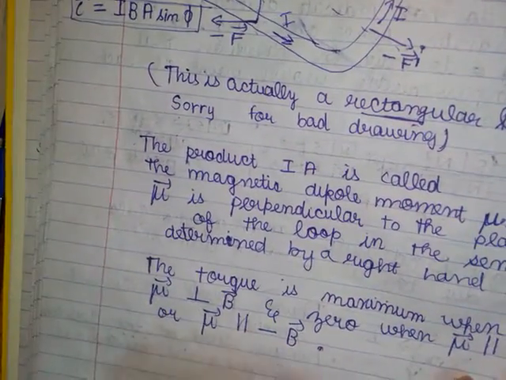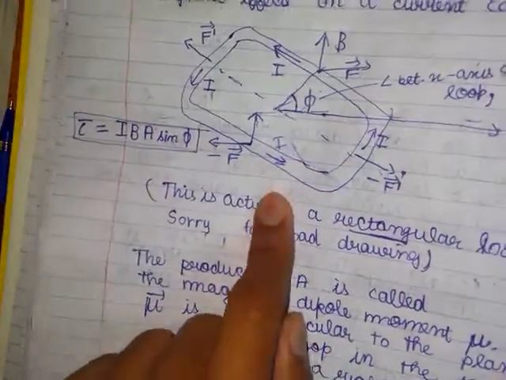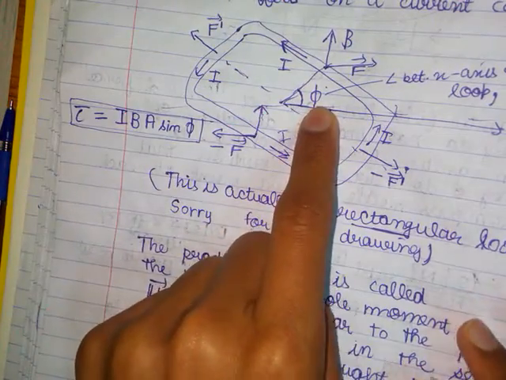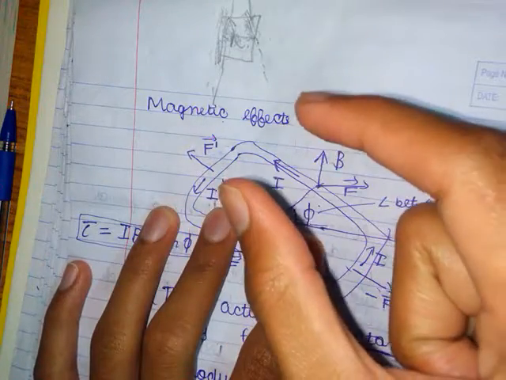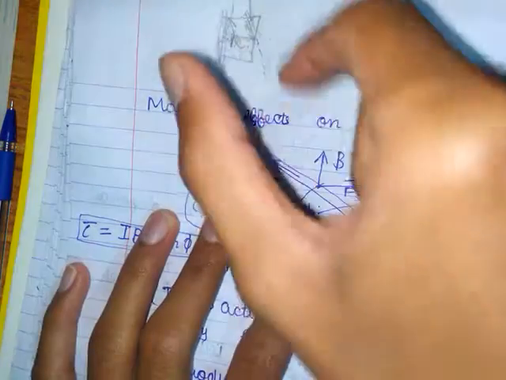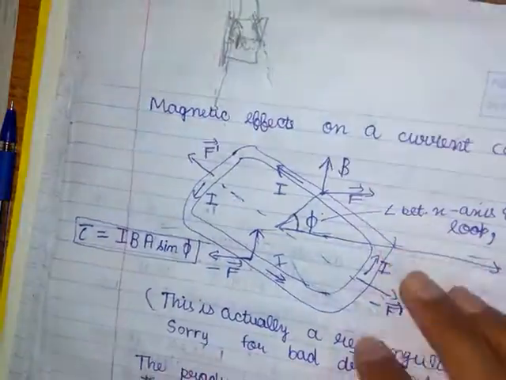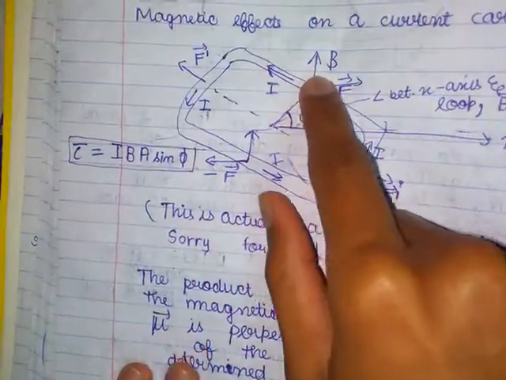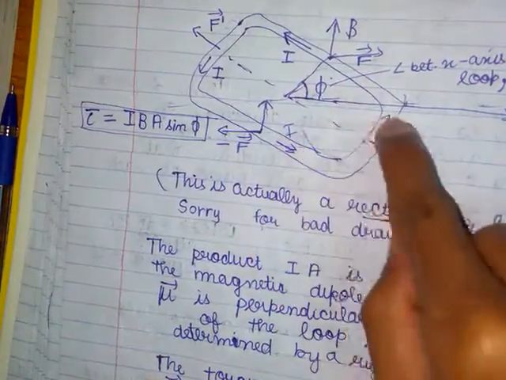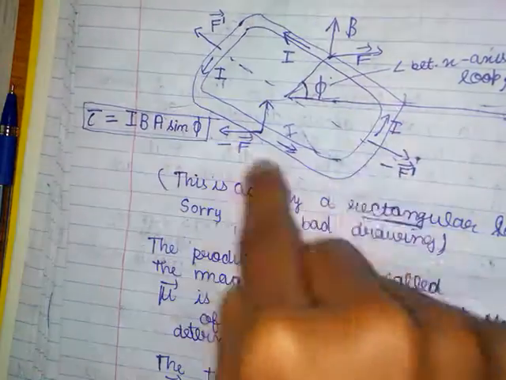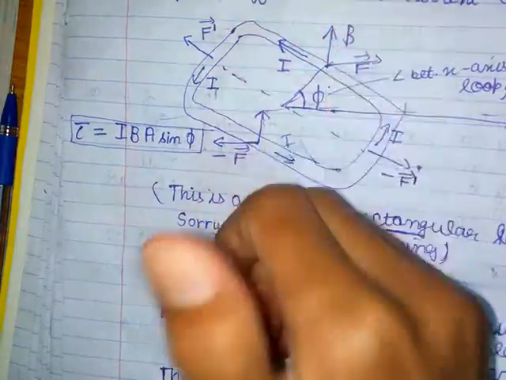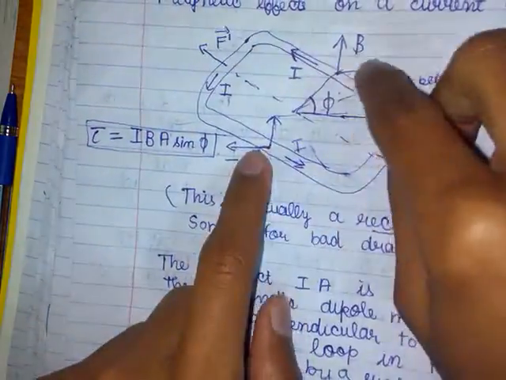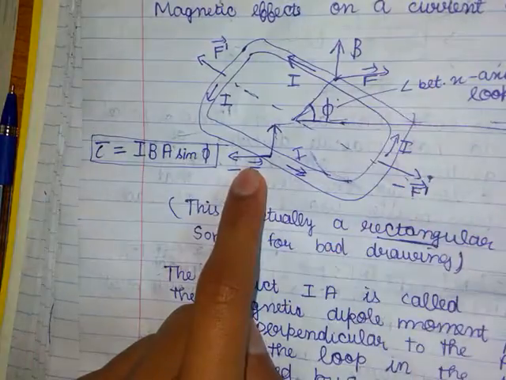Let me say that again. The electric field tries to align the electric dipole along with the field. Similarly, the magnetic field tries to align not the loop but the magnetic moment parallel to it. Just like here it was rotating, the forces were trying to rotate it like that.